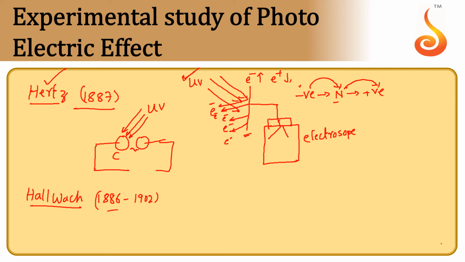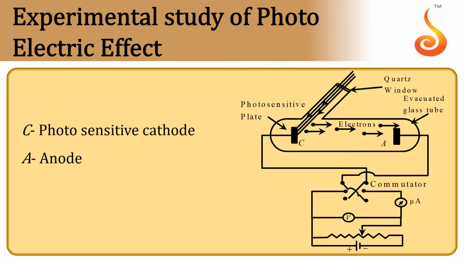And finally there was an experiment conducted by Lenard and Millikan. This diagram shows the experiment conducted by Lenard and Millikan. It's an experimental arrangement used for the study of photoelectric effect.